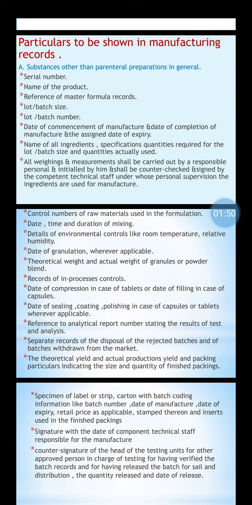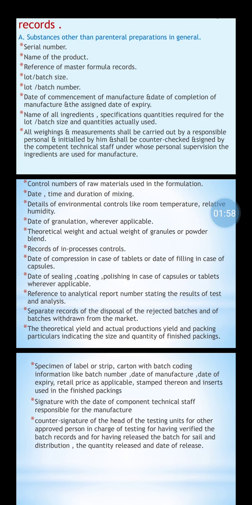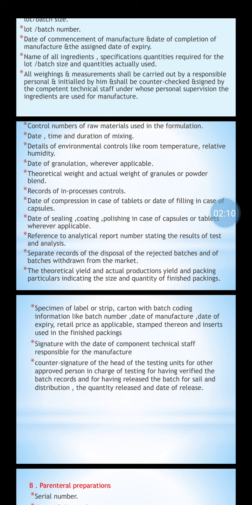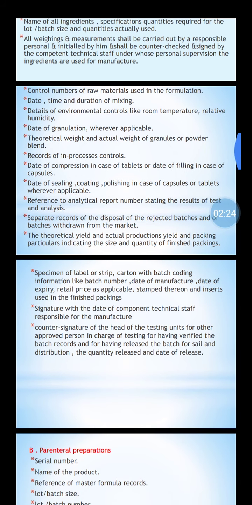Then the control number of the raw material used in the formulation, then date, time and duration of mixing, details of environmental control like room temperature and relative humidity, date of granulation, where applicable, the theoretical weight and actual weight of the granules or powder blend, then record of in-process control, date of compression in case of tablet or date of filling in case of capsule, date of sealing, coating, polishing in case of capsule or tablet, where applicable.